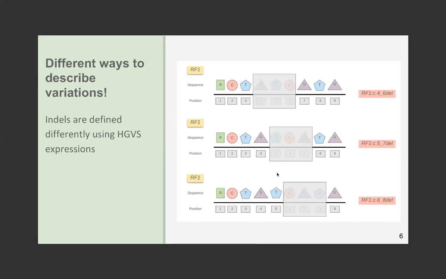Based upon what kind of variant calling algorithm you are using, or what nomenclature you are familiar with, sometimes you get the first type of expression, or you may get the last type. And in literature I have seen other cases also where no normalization was done, and it just shows some deletion in a particular genome.